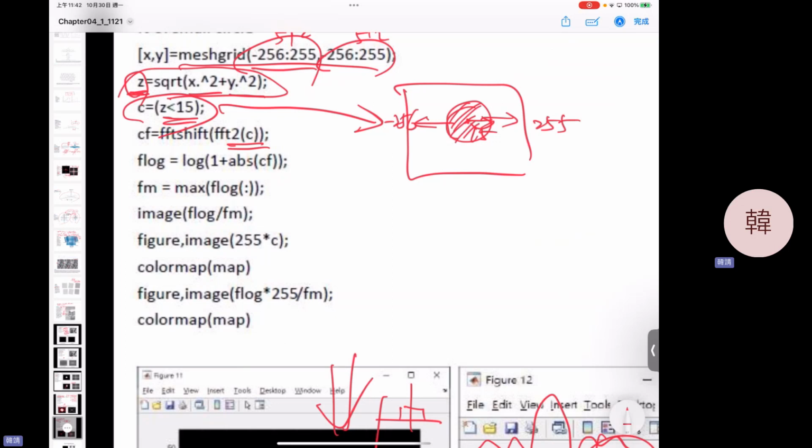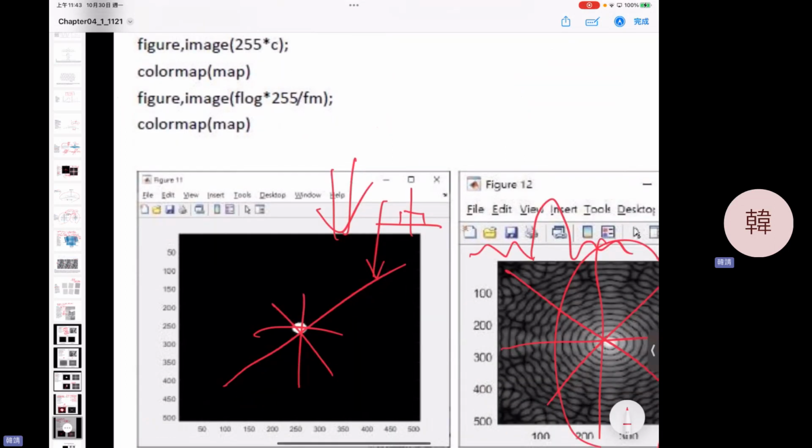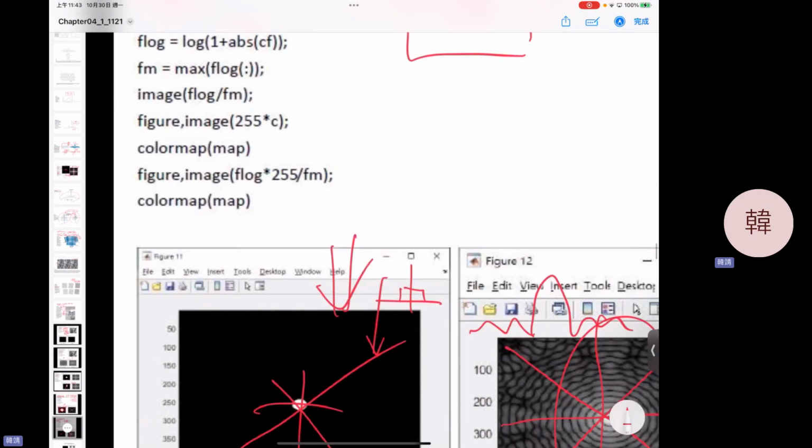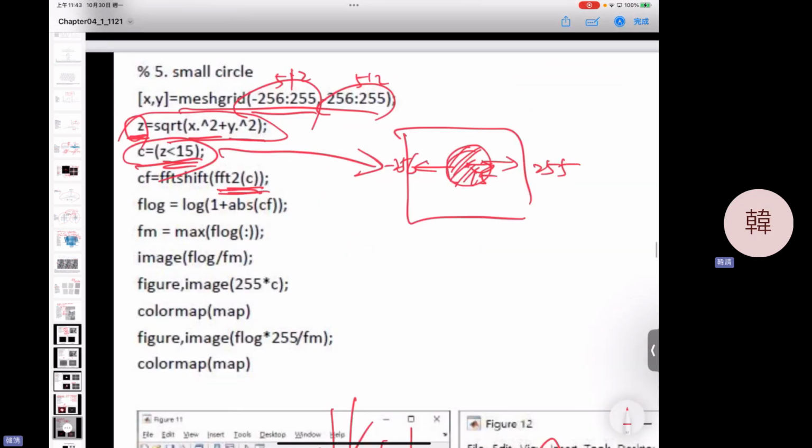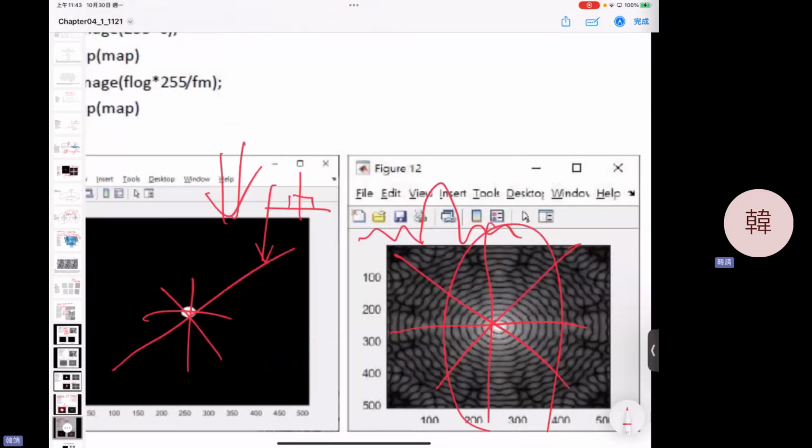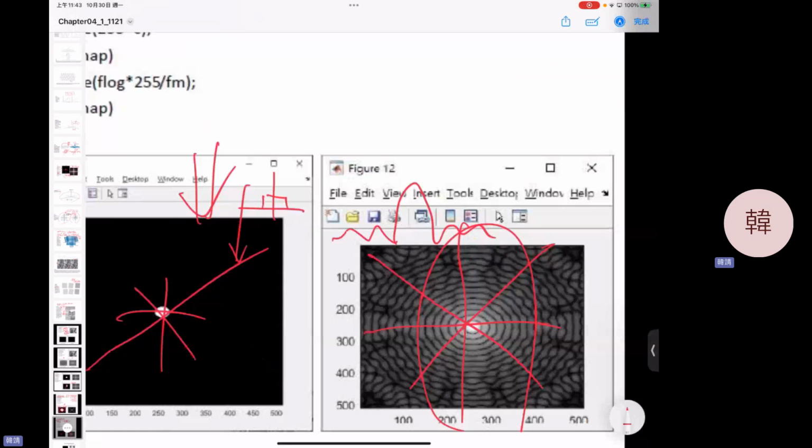All others will be 0. So it's very easy, just use a single command: the radius smaller than 15 gives 1, otherwise it's 0. We create this center circle image, and then again take a Fourier transform, take an FFT shift, and you will see the sinc all around this image.